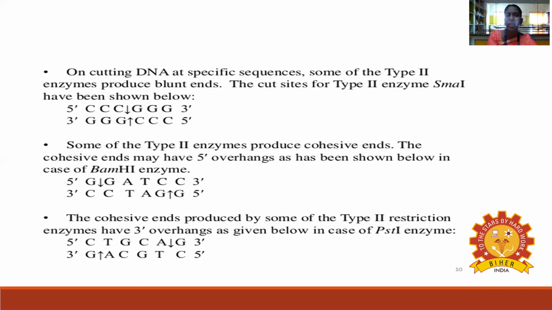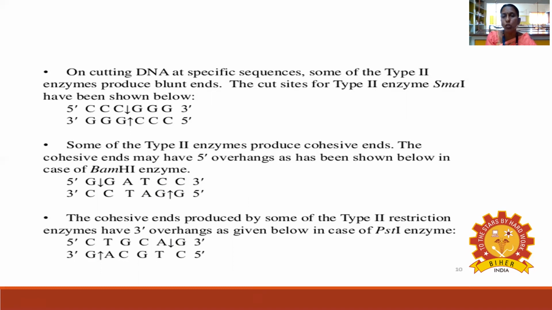SmaI cuts and produces 2 types of ends: blunt ends and cohesive ends. If you use SmaI, which cuts at a specific site between G and C, you get blunt ends. Some type 2 enzymes produce cohesive ends. Cohesive ends with 5' overhangs are shown below, as in the case of the BamHI enzyme.